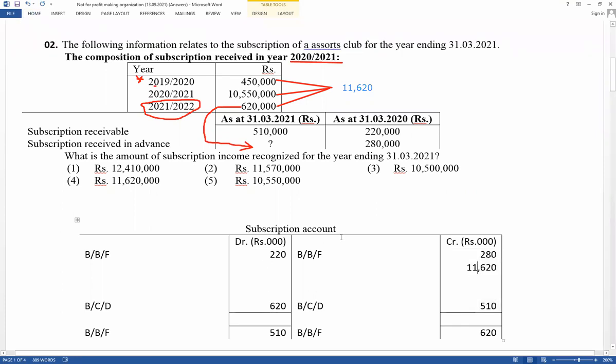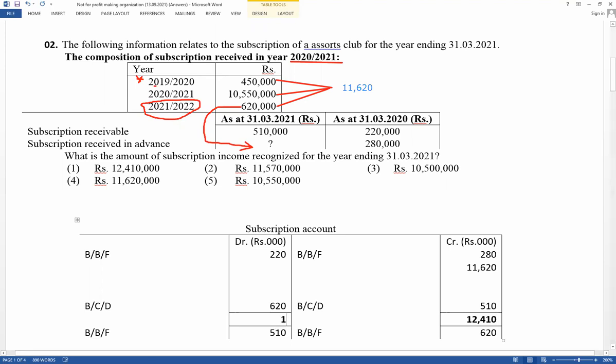Right, now by closing subscription accounts, can be recognized subscription income. Take the credit side total amounts. They are subscription income. Therefore, credit side increase. Take total amount of credit side. Therefore, credit side total amount equal 12,410,000.